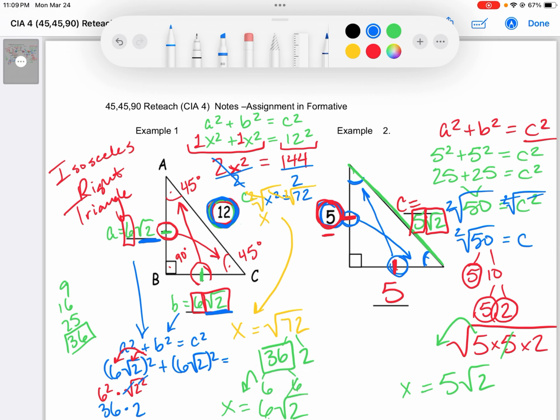Square root squared cancels out, and it's just 2. 36 times 2 is 72. So I have 72 plus 72 equals 144. That's c squared. And if c squared equals 144, look, we're back up here at the top. c squared is 144, then that means c by itself is 12.